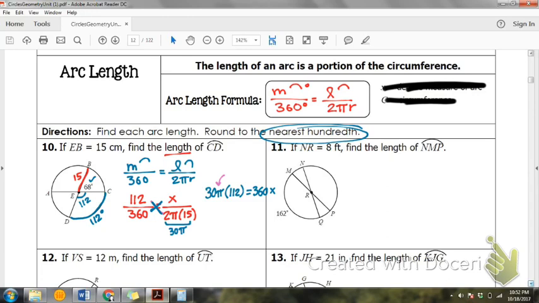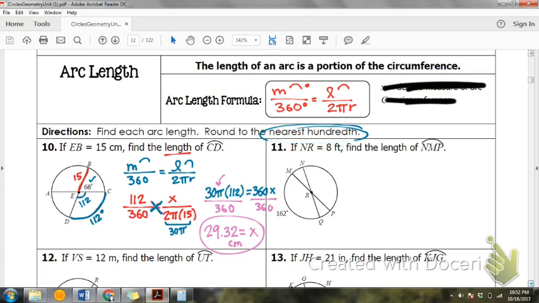But remember, we're dividing by 360. So once we get that 10,555, we're going to divide that by 360. We get a much more manageable number, 29.32, and it says round to the nearest hundredth. That's 2 decimal places. So 29.32. And it's centimeters.